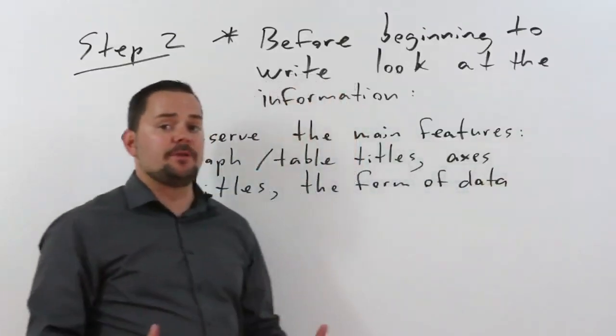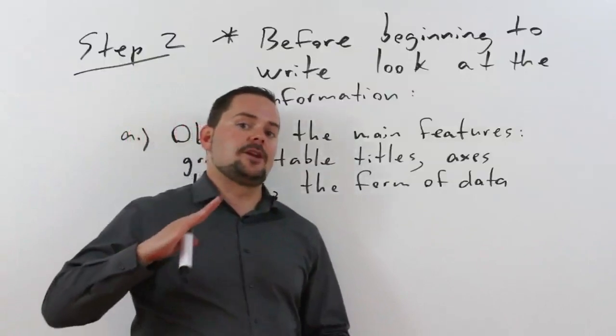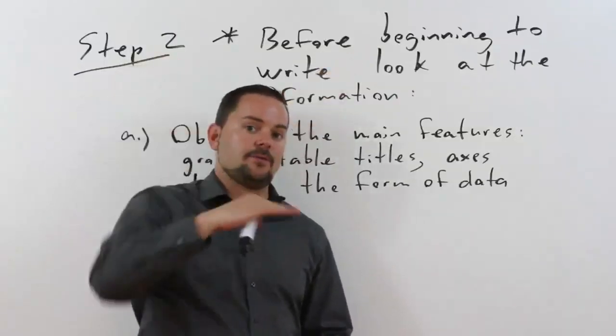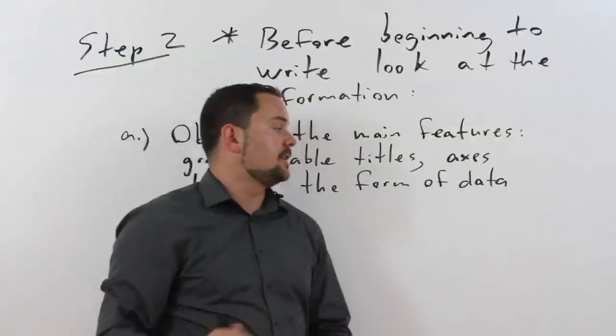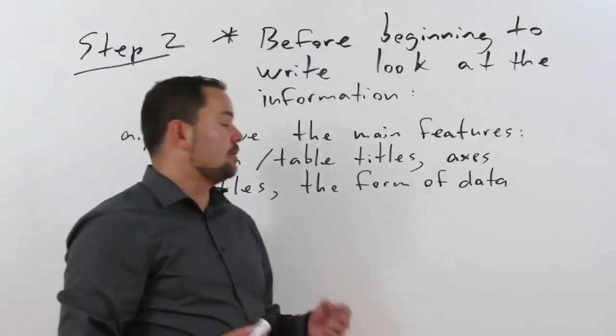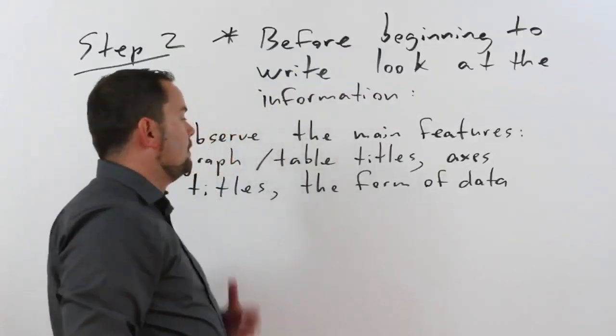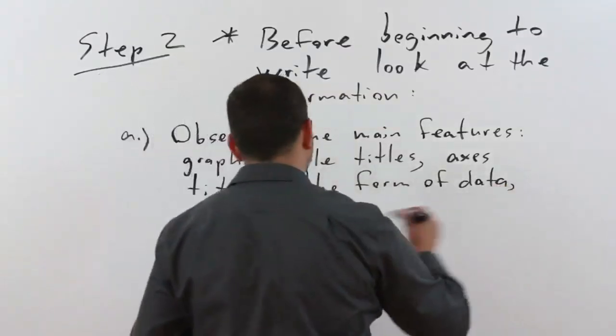This means the shape of the data. So do you have data going upwards in the line graph, downwards, fluctuating like this? So what's the shape? Observe all of that. And of course, the legend.